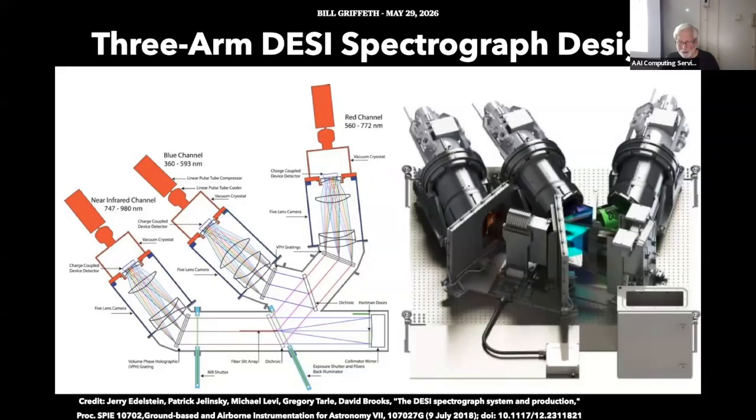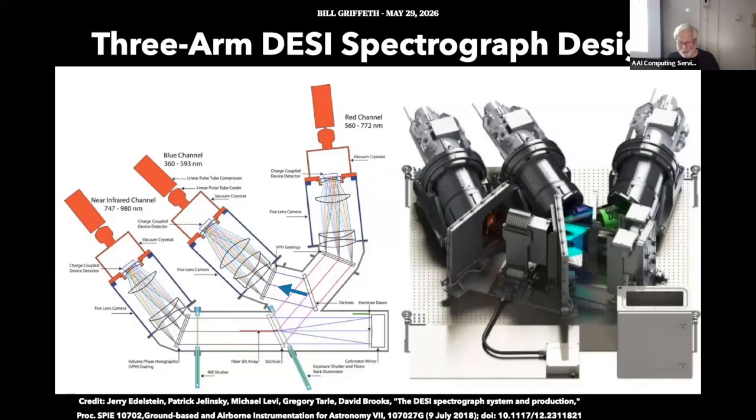The longer wavelength passes through the beam splitter, but the shorter wavelength light is reflected. The longer wavelength light enters the red channel, where a second holographic grating disperses it into a spectrum that's focused on the CCD of the red channel.